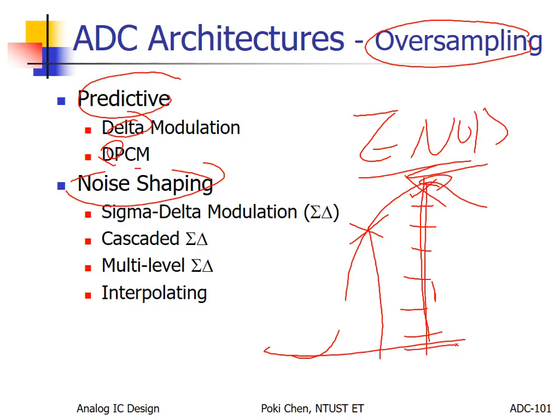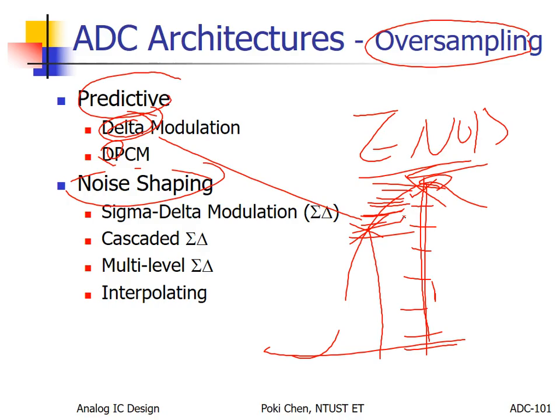However, if we only code the difference, the so-called delta, then you can see with the same number of bits, we can get very, very small quantization level. So that is the idea for delta.